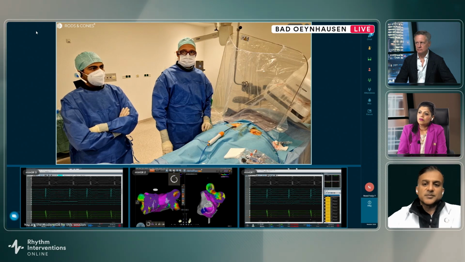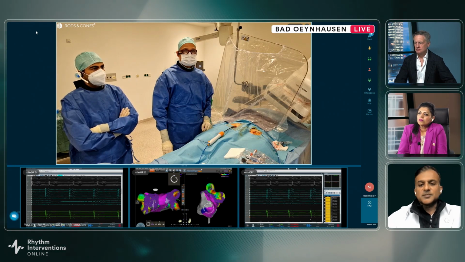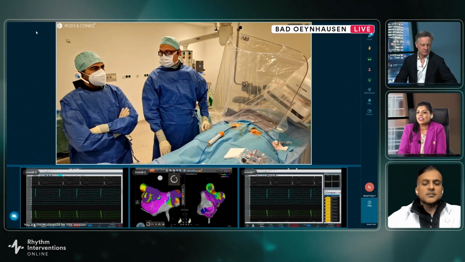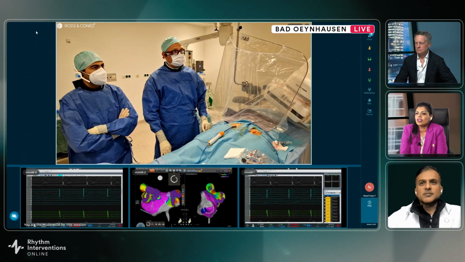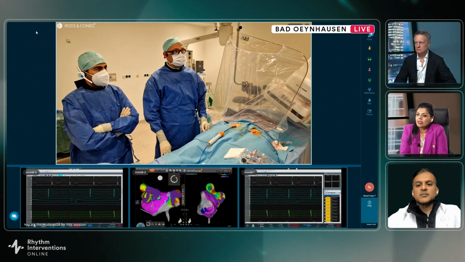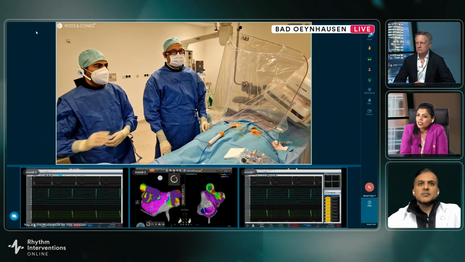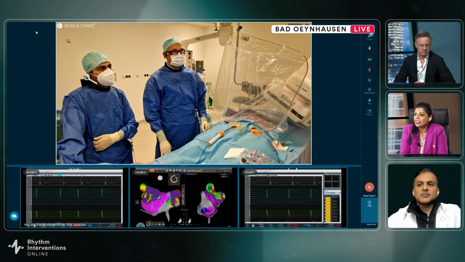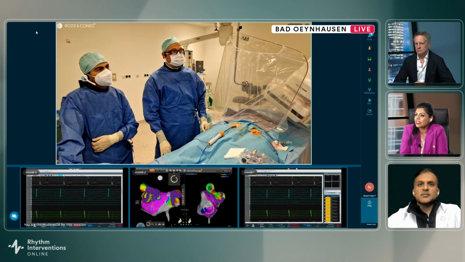I have to say that in the redo population with this, the PVs usually are pretty isolated. We're using the contact assessment with the TPI, but also ICE to look at contact. So it's almost like double validation of contact.